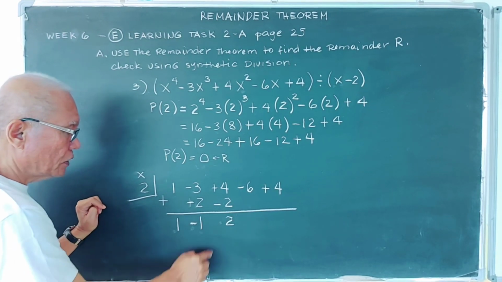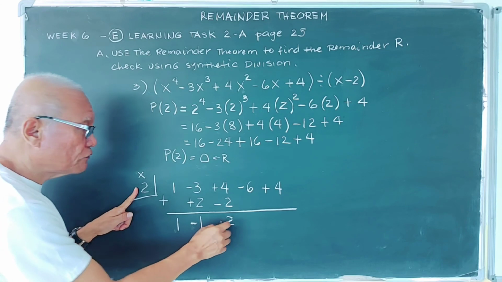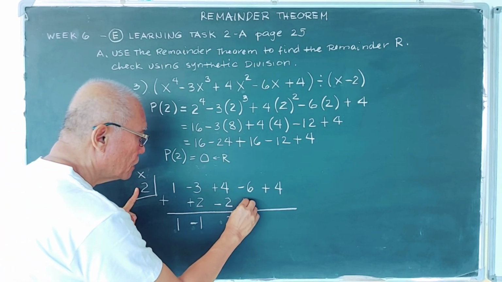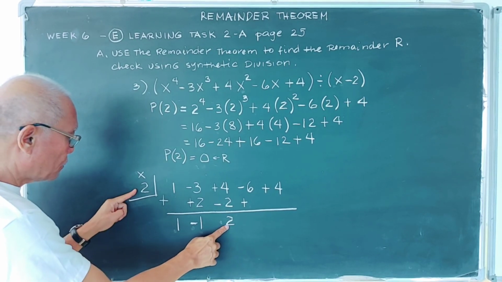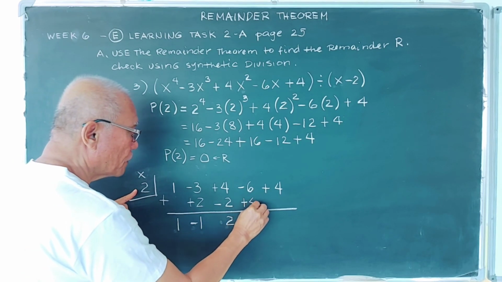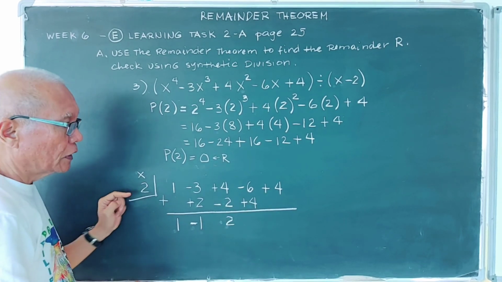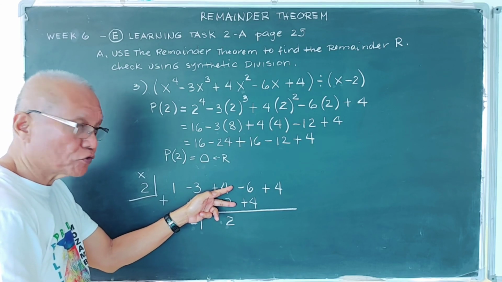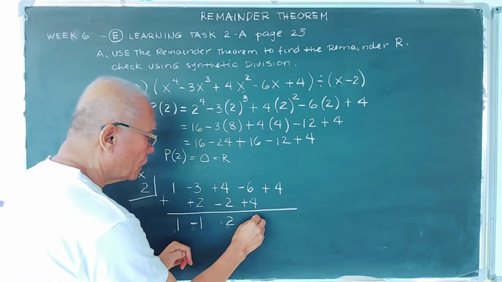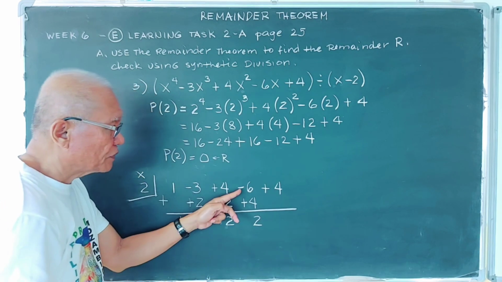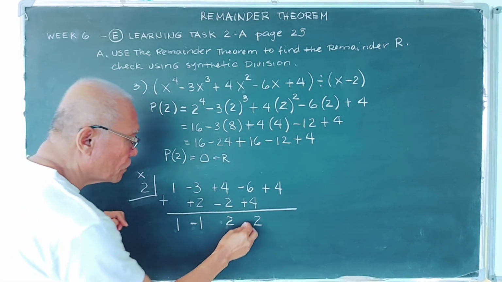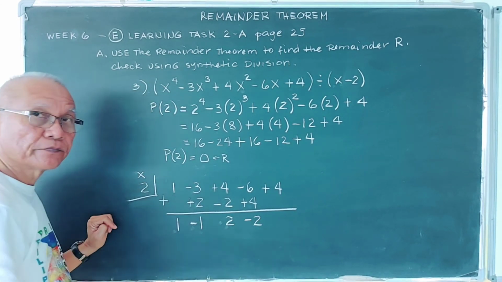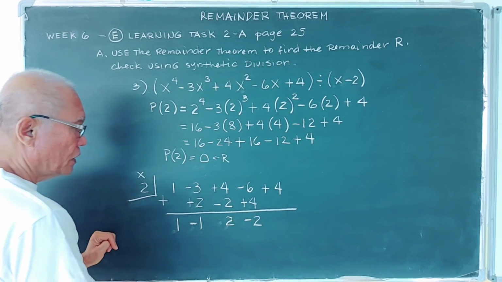Sign para dito, positive times positive ay positive. 2 times 2 ay 4. And then, addin natin. Kaya lang magkaibang signs, subtraction na rin. Ulit, 6 minus 4 is 2. Mas malaki si 6 na negative, kaya negative siya. Okay, sign dito.